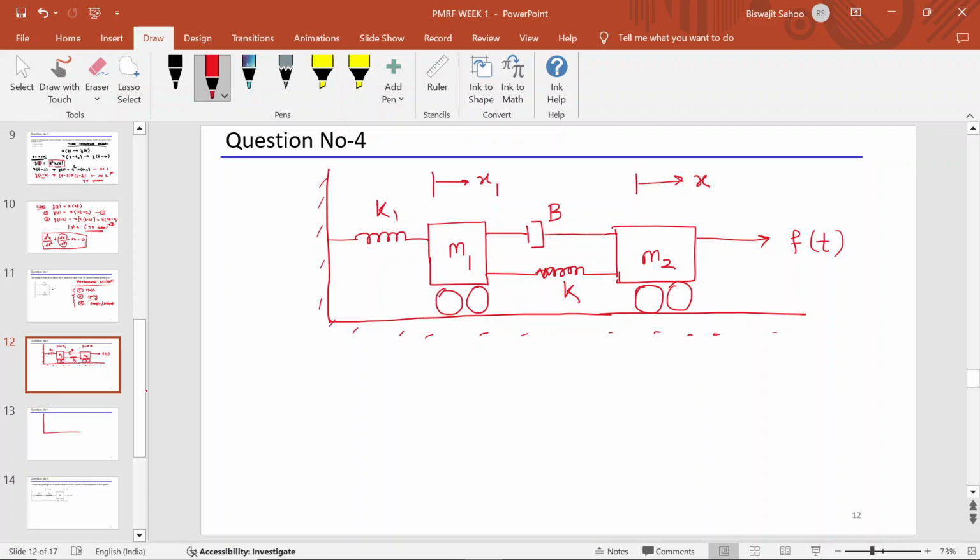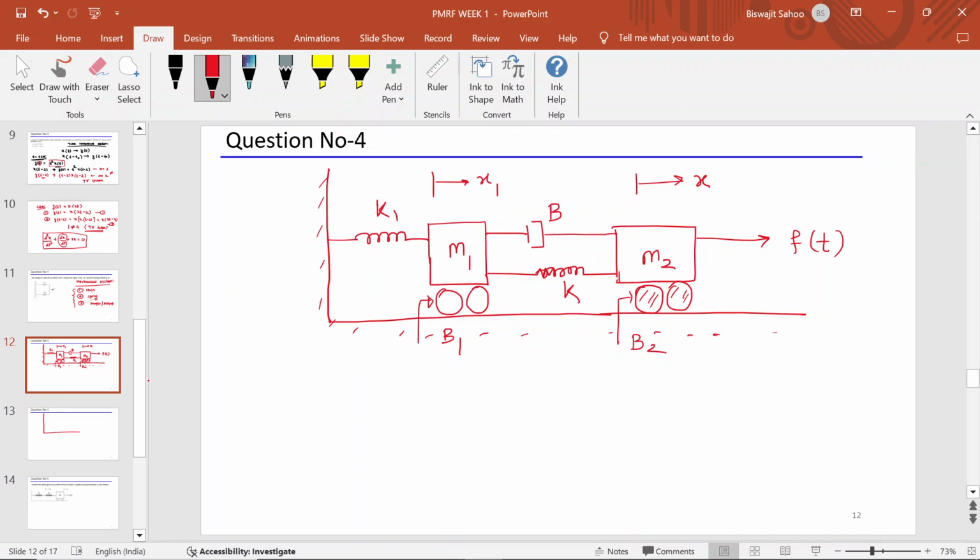Now this mass is rolling over this surface, so it has another friction coefficient, let's say B1, and this wheel with respect to this rigid surface has a friction coefficient B2.